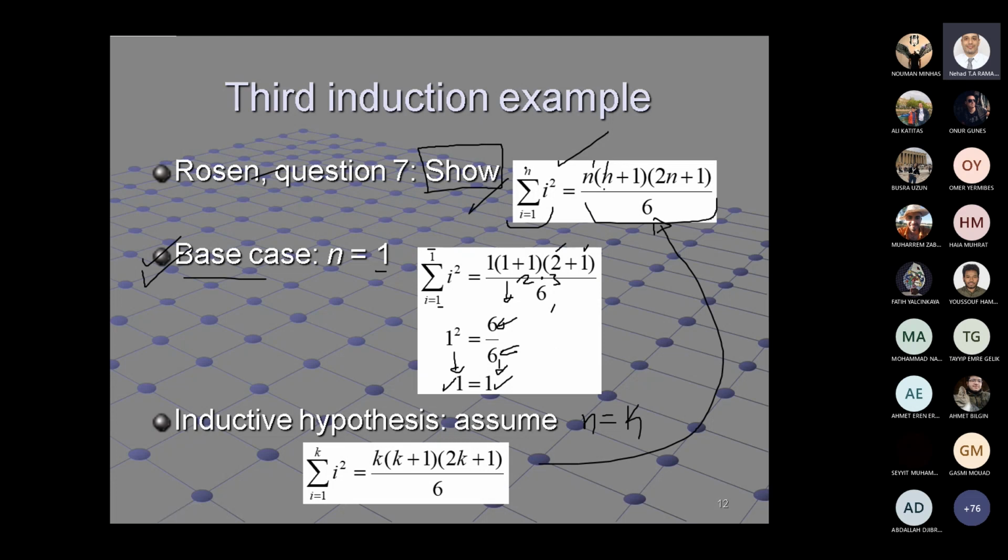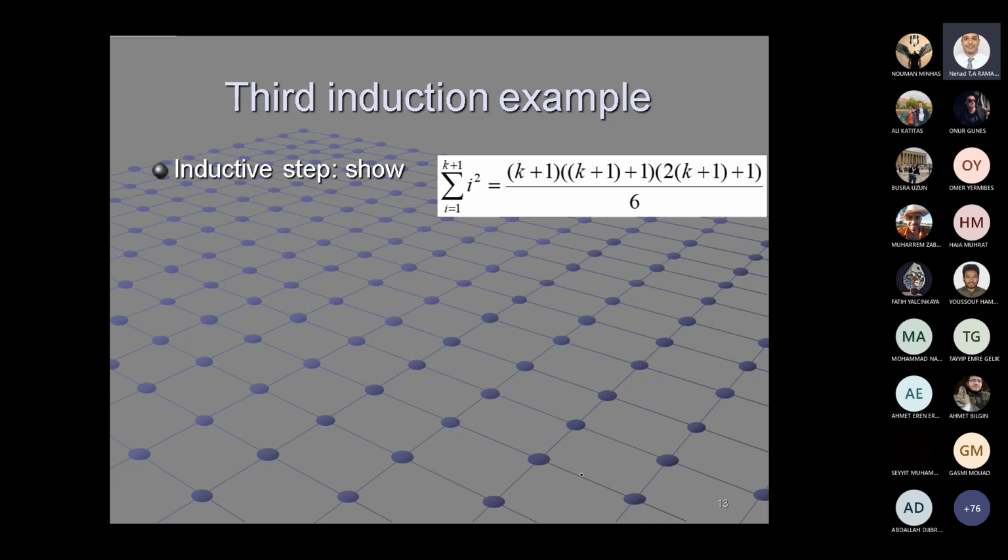So we have left-hand side from i equal 1 to k for i square, it's equal to k multiplied by k plus 1 multiplied by 2k, instead of 2n, plus 1, all divided by 6. So this assumption, we assume that it's true. We did not yet prove that, but we will use this assumption to prove the third step, which is the inductive step.